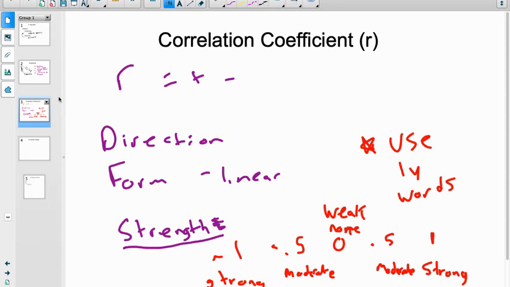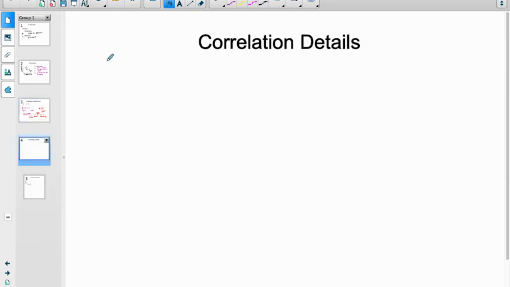Other things you should know about correlation is it has no units. So correlation has no units.